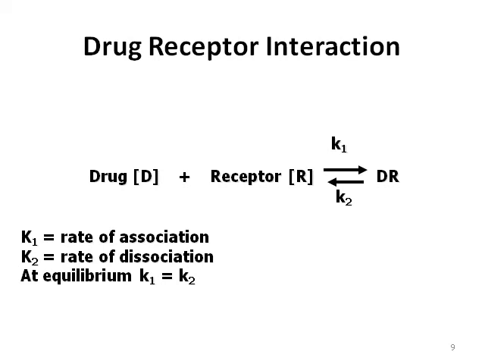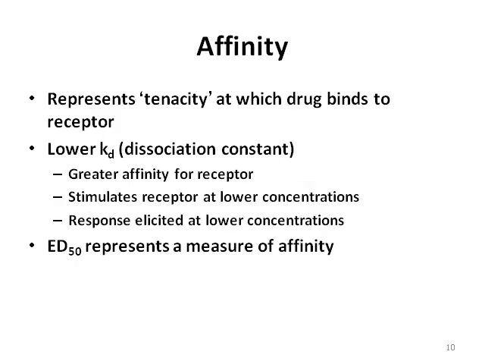Drug binds with receptor. It's a reversible binding. It associates with the receptor, and then it releases or dissociates from the receptor. We use a term in pharmacology known as affinity, and that refers to, in a sense, the tenacity with which a drug binds to a receptor. So a drug that has a low KD, the KD being equivalent to the K2 in the previous slide, that's the dissociation constant. Basically, if it has a low KD, it means it sticks to the receptor.